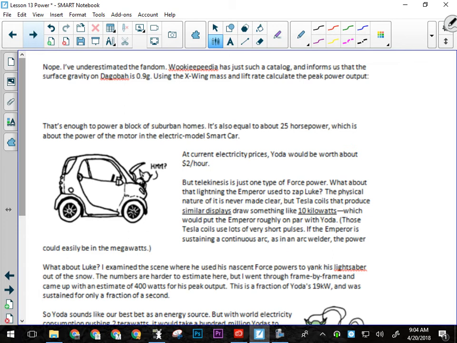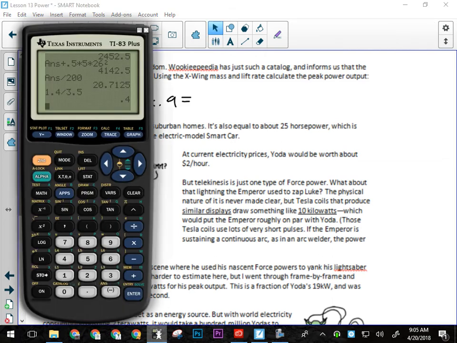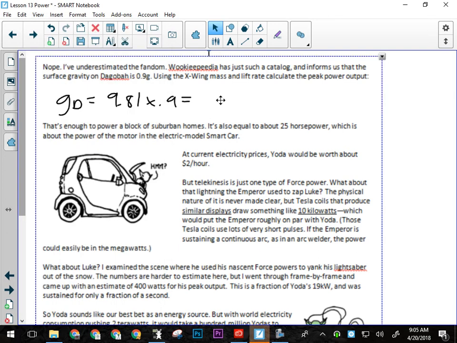It has such a catalog and informs us that the surface gravity on Dagobah is 0.9 G, so it's 90% of Earth. So we can figure out then that g on Dagobah will be 9.81 times 0.9. That'll tell us what our g is for this. So 9.81 times 0.9. All right, so we got 8.829 as our acceleration due to gravity.